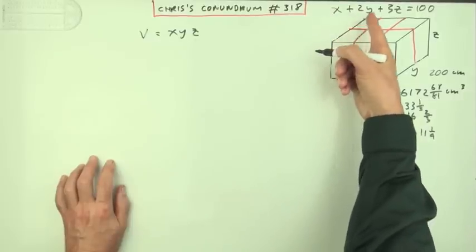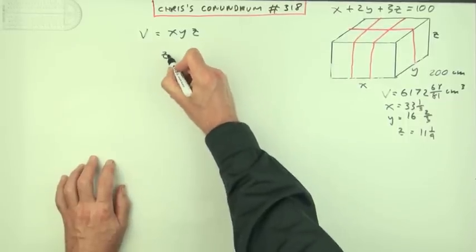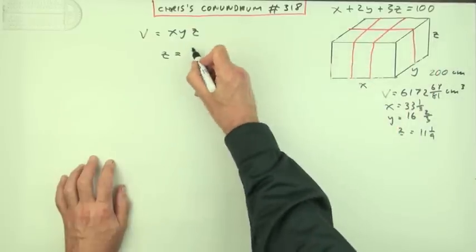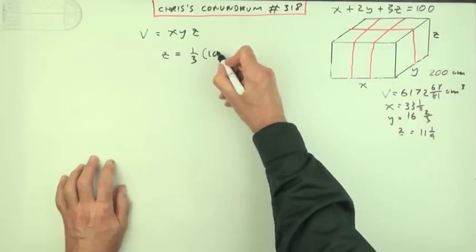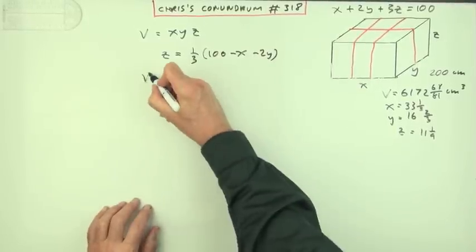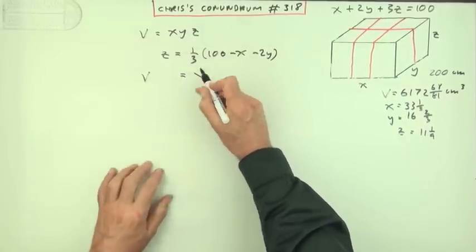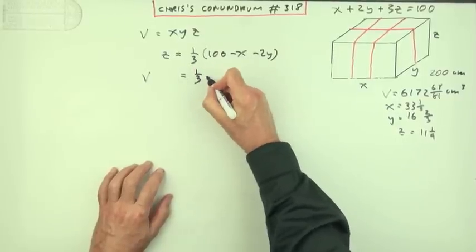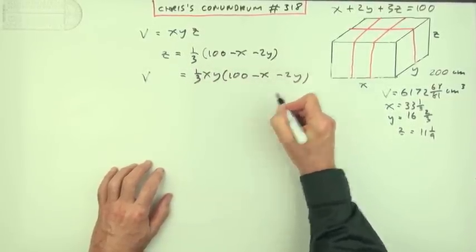You've got x plus 2y plus 3z is 100, so I could replace one of them. I could rewrite z as, and that would have to be 1/3 of, because it'd be 3z equals, 1/3 of 100 minus x minus 2y, which means I've now got the volume equal to x times y times this, which I suppose I'll write as 1/3 of x times y times 100 minus x minus 2y.